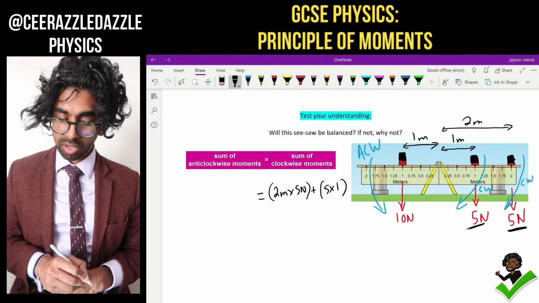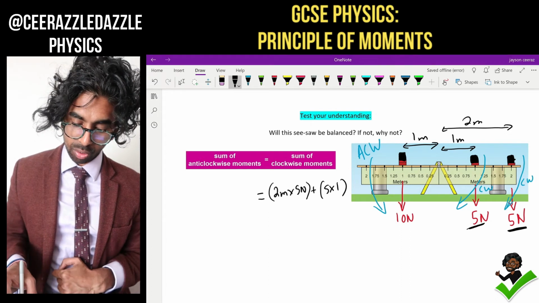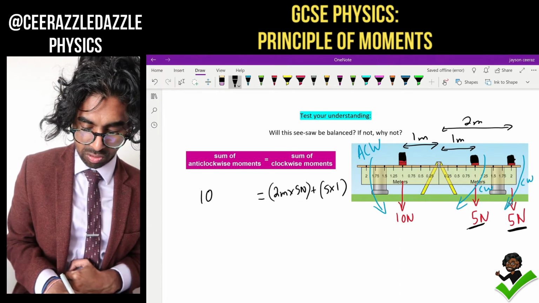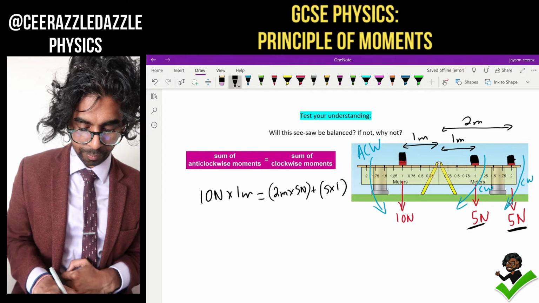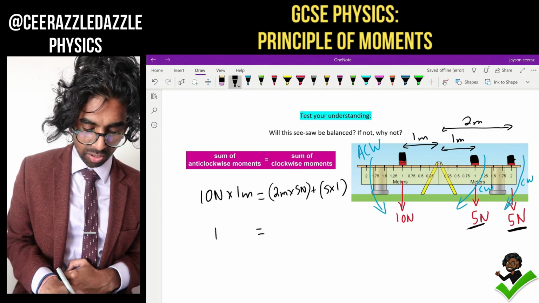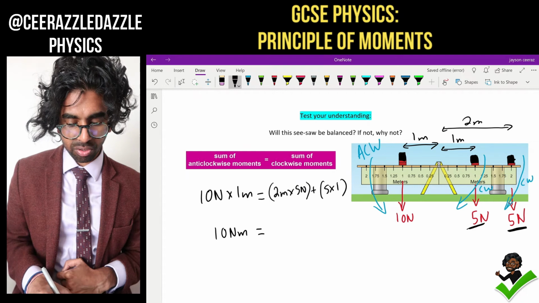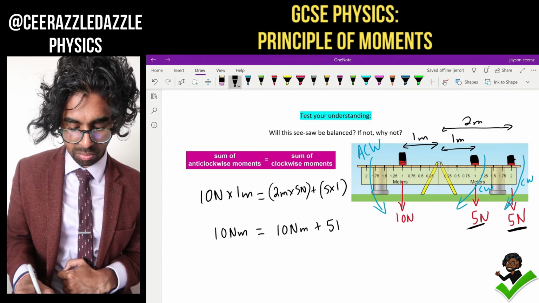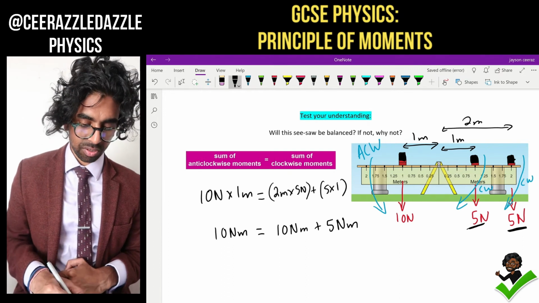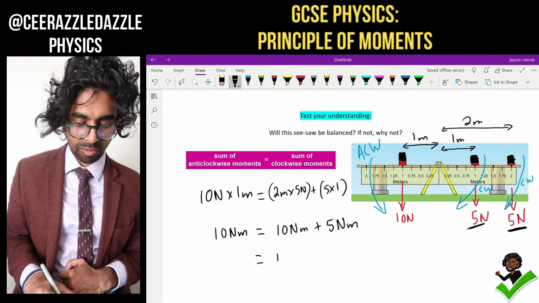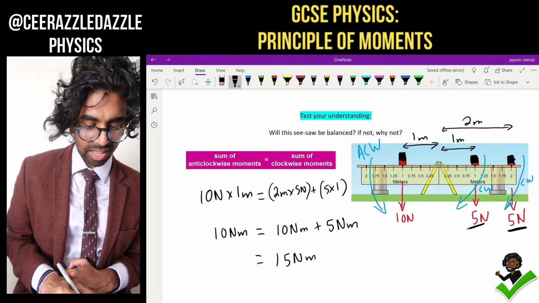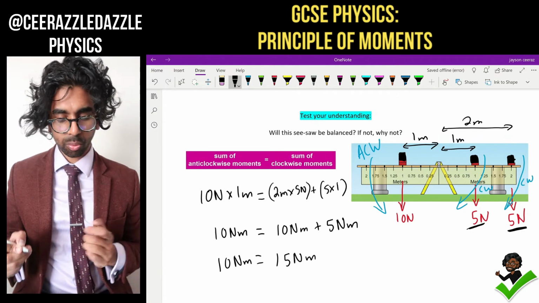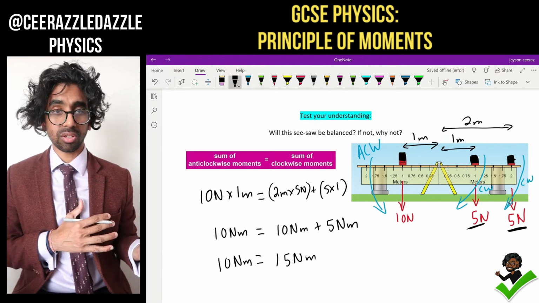And on the opposite side of the equation, we've got anti-clockwise, 10 newtons times by 1 meter. Therefore 10 newton meters on this side, compared to 10 newton meters here plus 5 newton meters there. So what happens? Look carefully now. We've got 15 newton meters on one side and 10 newton meters on the other. Which one is stronger, clockwise or anti-clockwise?